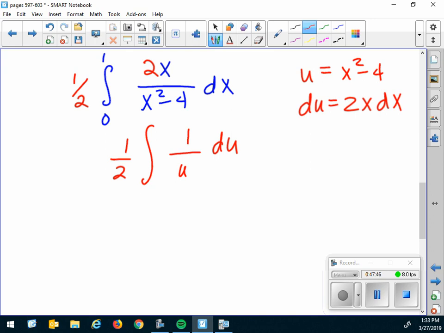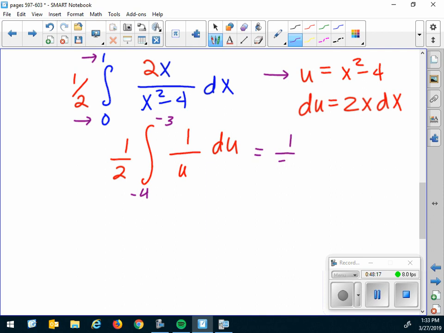U limits. All right. Dylan says u limits. So we're going to take these x limits, put them in here and figure out what the u limits are. If x is 0, what is u? If x is 1, what is u? Is that okay, or do I need to switch it? We're good. -4 is smaller than -3, so we're fine.